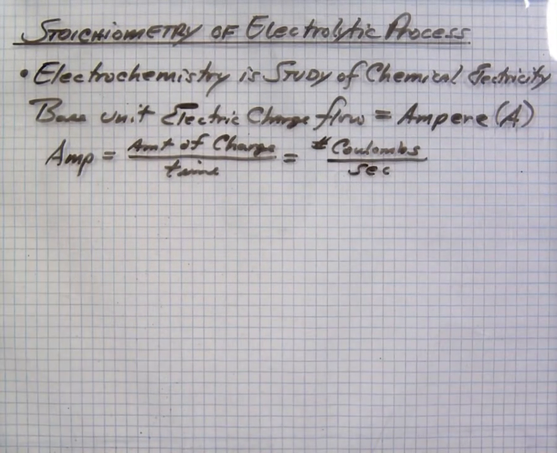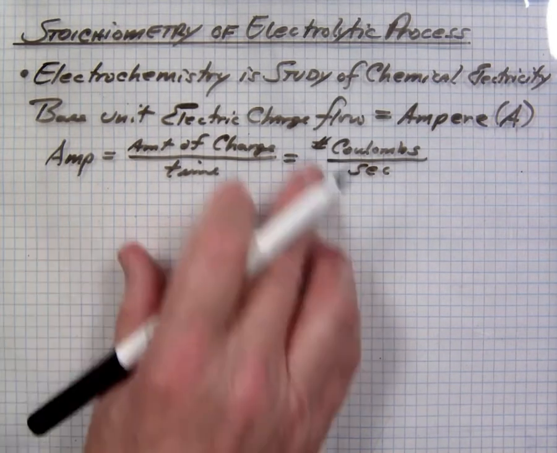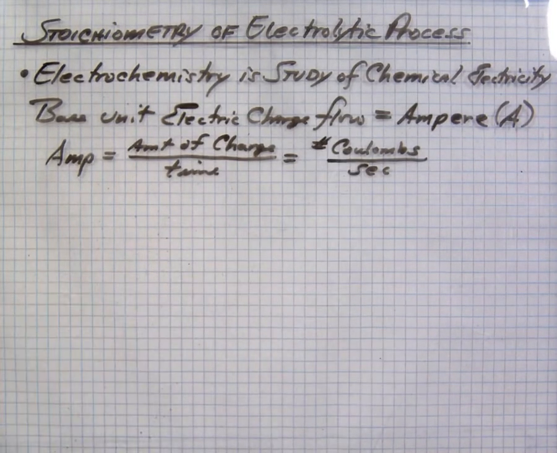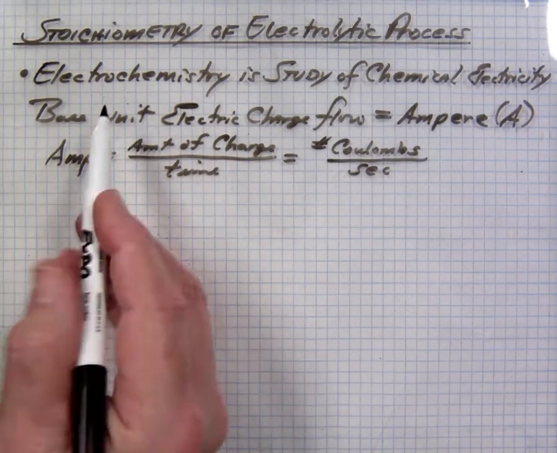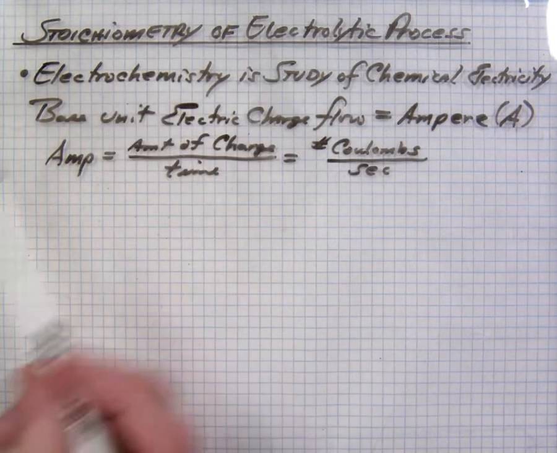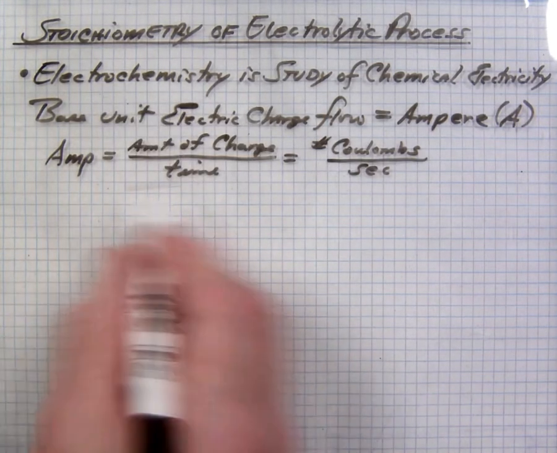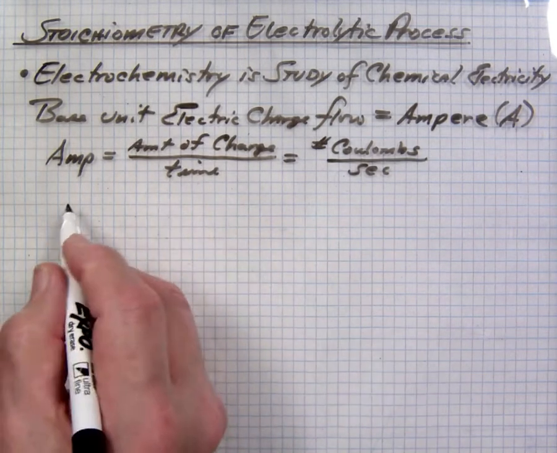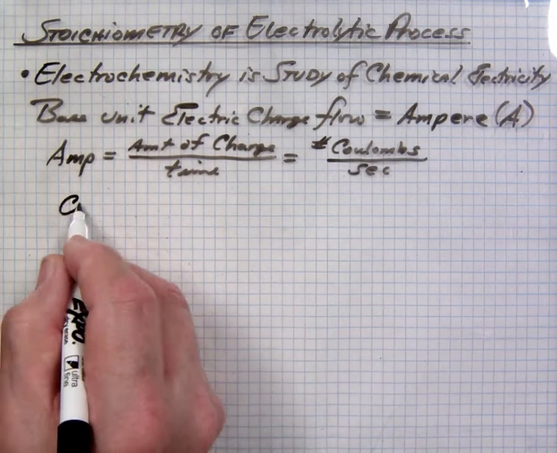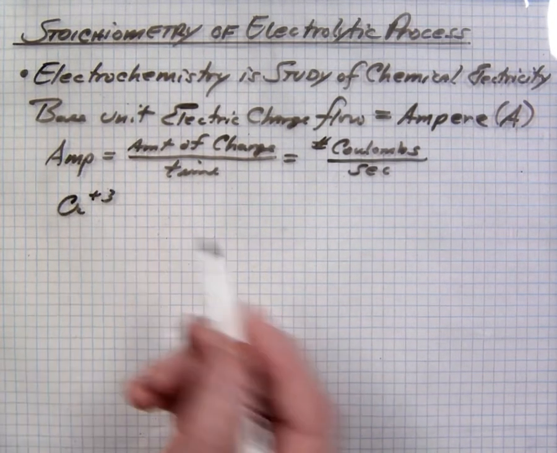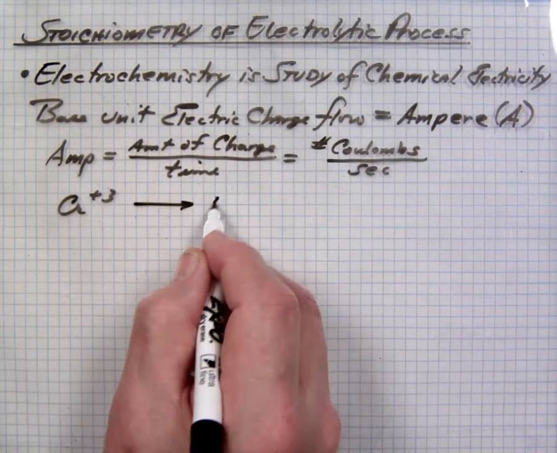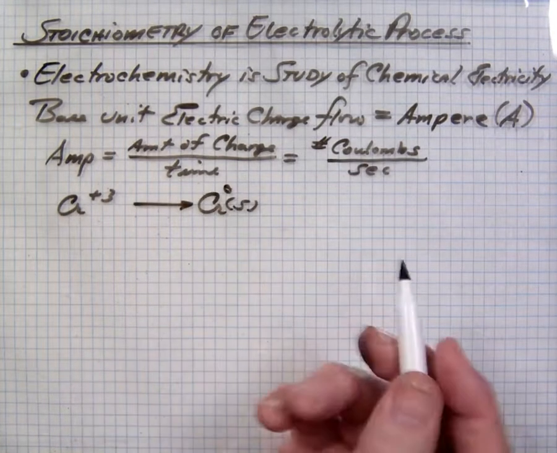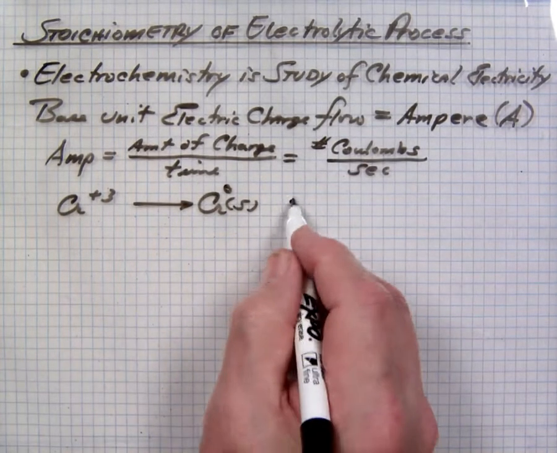Well, if we're going to apply this idea of amps, coulombs per second, to electrochemistry, we're going to need to apply it to a mole of electrons, because in the study of electrochemistry, we're going to be doing things like taking chrome 3 ion and changing that to chrome solid for something like chrome plating.